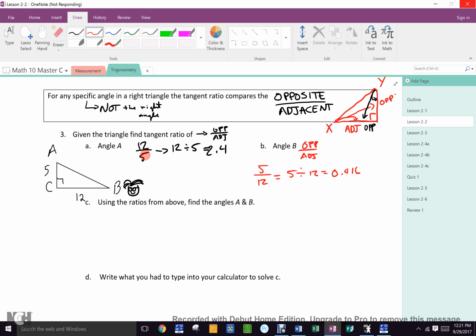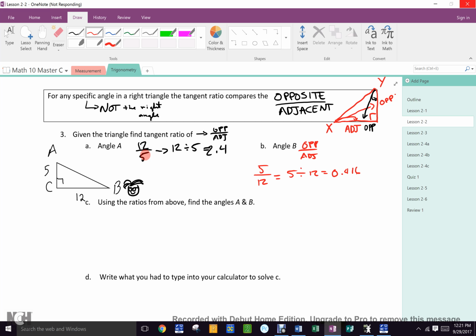here is a ratio, yes? Here is a ratio, yes? Okay, now, I want to find angles. So am I using tan or shift tan? Shift tan, yes? So, on my calculator, it's a forward calculator. Do I punch it in the way I see it? Yes.